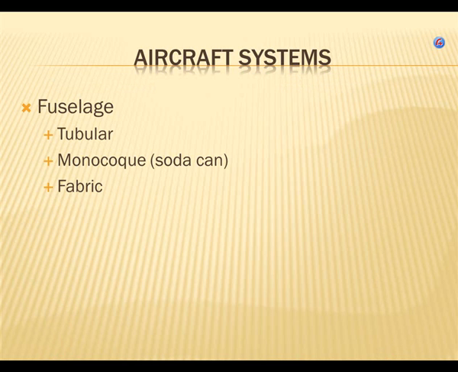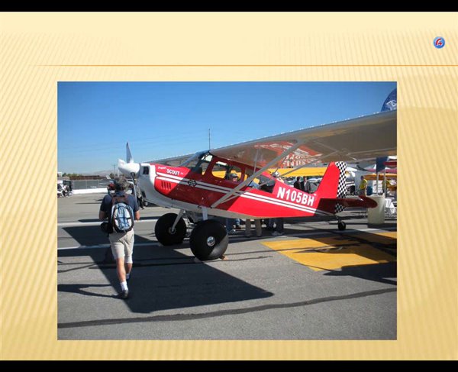We also have fuselages that are made of tubular steel covered in fabric. Here's a good example. This is a Husky Scout, and as you can see, it has giant wheels on it, so it has been modified for bush flying in Alaska.